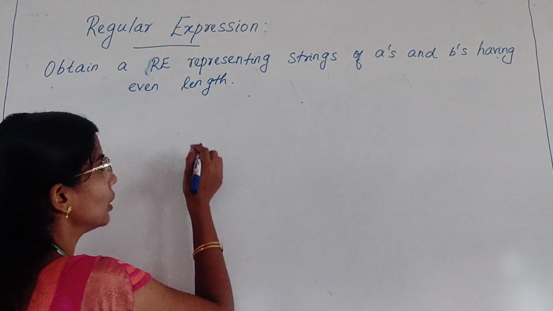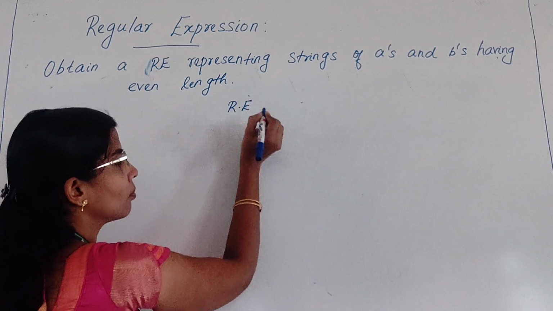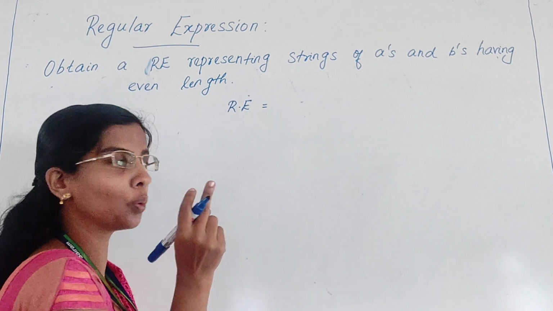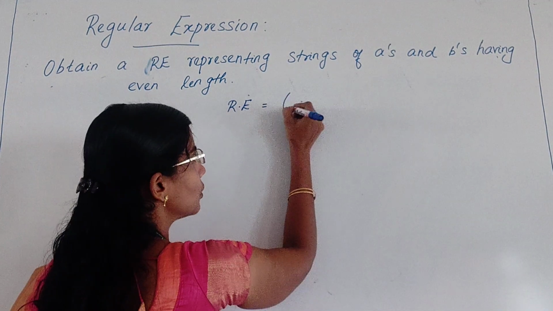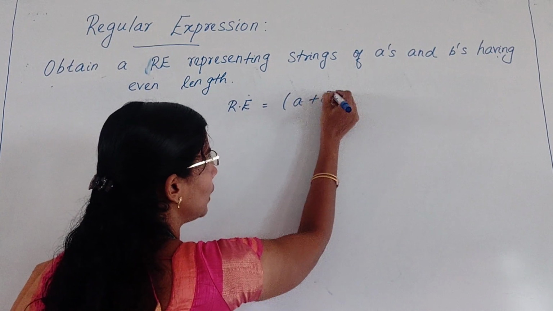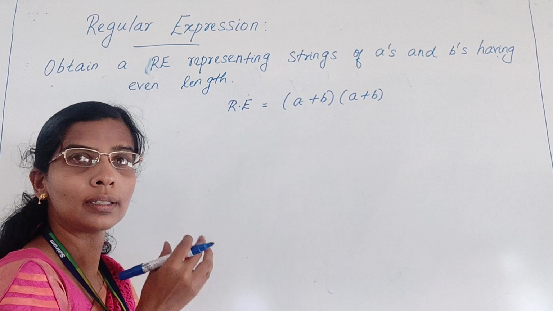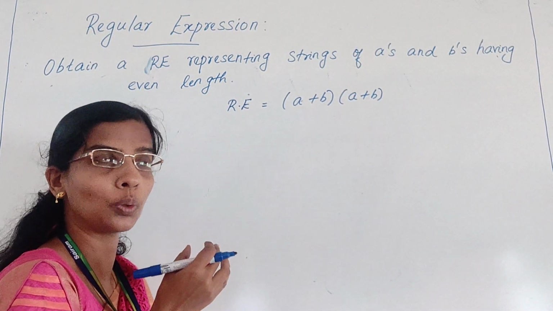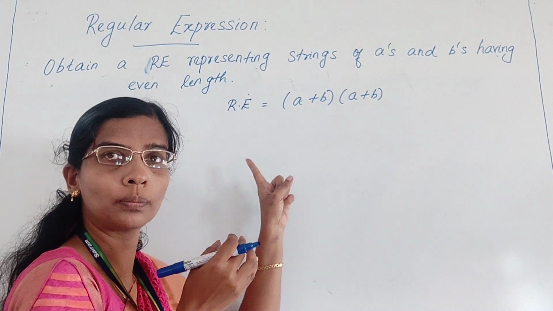So, to get even length, if I want strings of length 2, you know how to write the regular expression we have seen. A plus B, if I write it twice, I will get strings of length 2. But this will give you only strings of length 2.